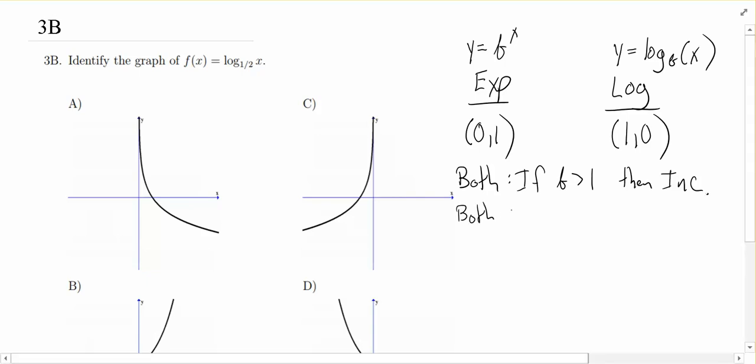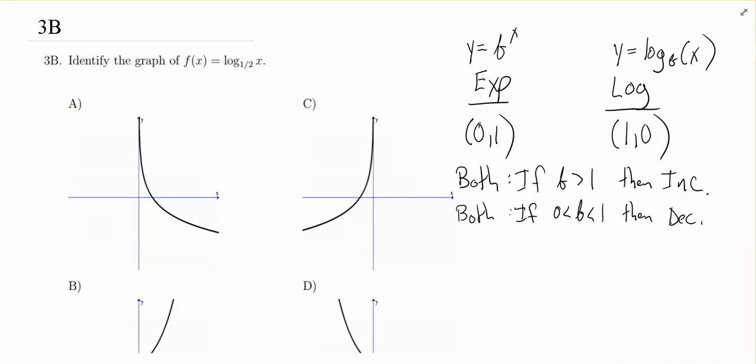And then the flip side of that is if the base is between 0 and 1, then your graph will be decreasing. This is true for both exponentials and for logs. And so by decreasing, we mean the opposite of increasing. As you're walking from left to right along the graph, you're going to be walking downhill.